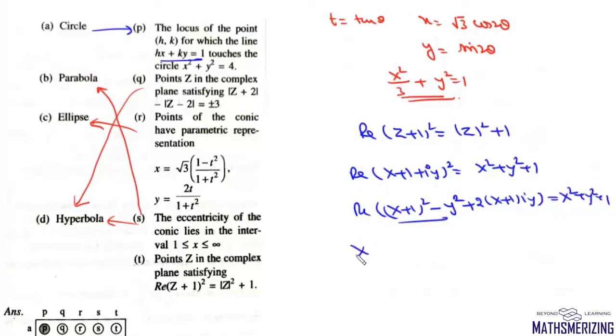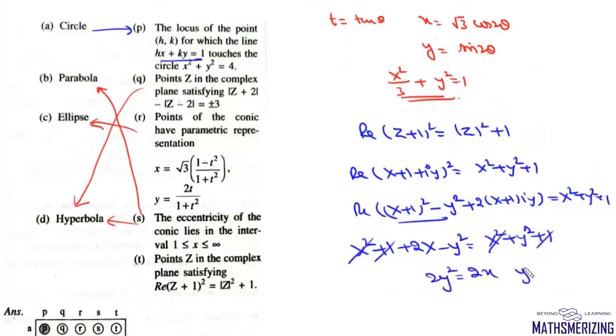So the real part here is x square plus 1 plus 2x minus y square, and it will be equal to x square plus y square plus 1. Now x square and 1 will cancel. So we'll get 2y square equals 2x, that is y square equals x, which is a parabola. So this T matches with B.